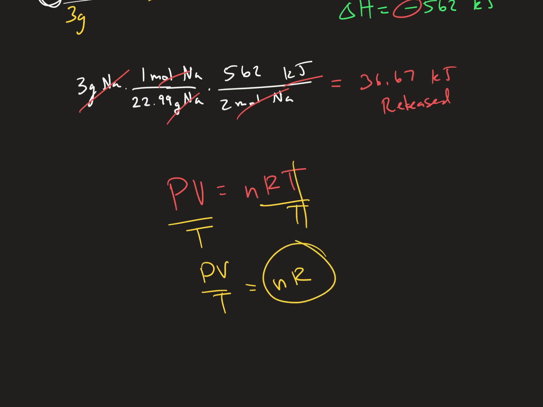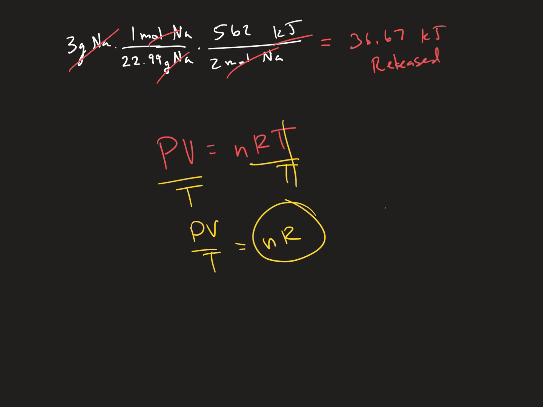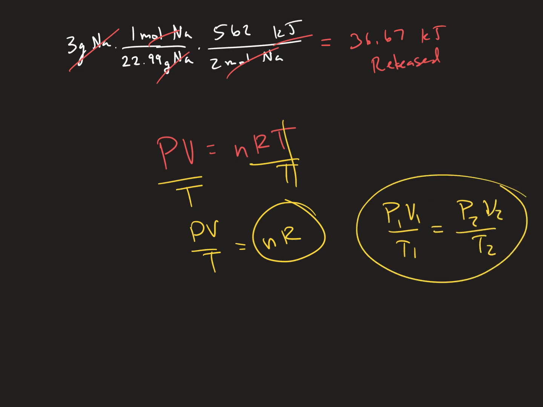If the number of moles is constant, then this whole thing is constant. Then that gives us the combined gas law of P1V1 over T1 equals P2V2 over T2. The combined gas law isn't the same, but you can get it from this equation, just like I did.